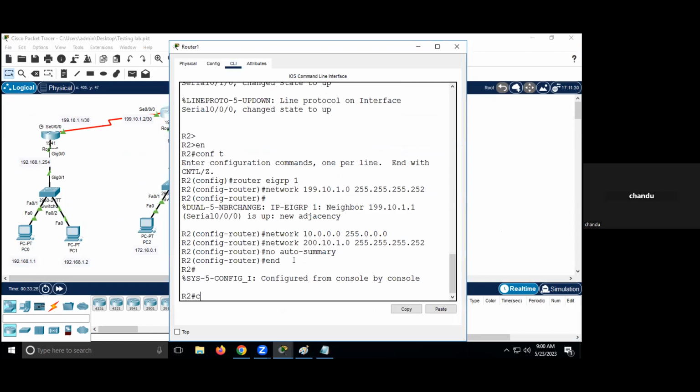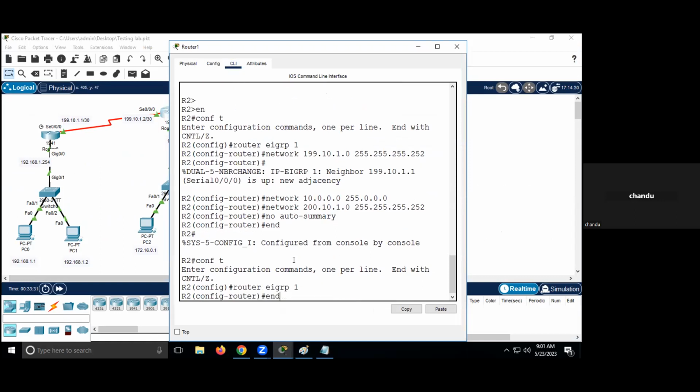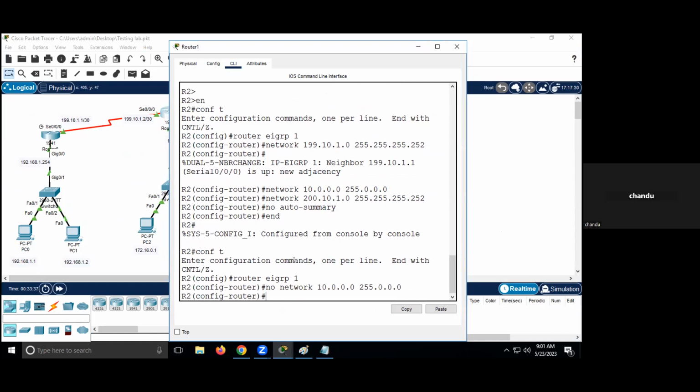How do you do it again? I go to config t, router EIGRP 1. You have to delete that route. You don't have 10. No network. The network is 172.16.0.0.